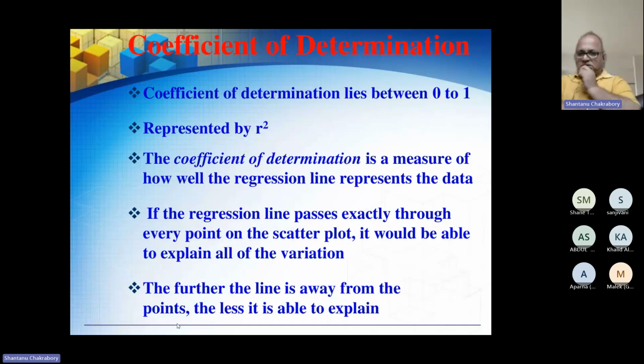We use the coefficient of determination that lies between 0 and 1, and it is represented by R square. So R square is basically the coefficient of determination. It is a measure of how well the regression line represents the data.